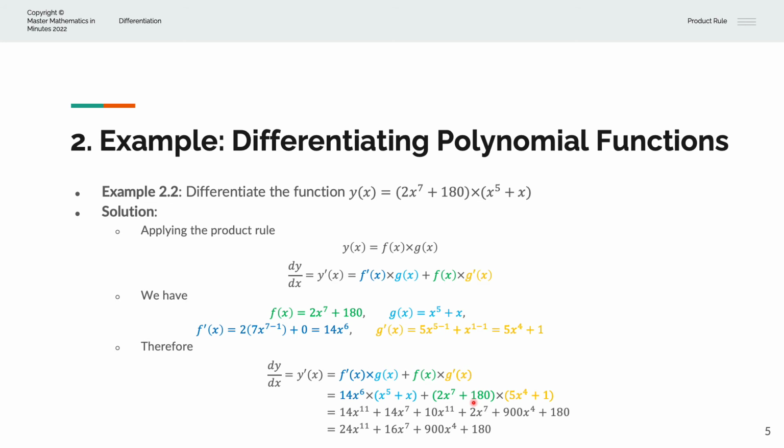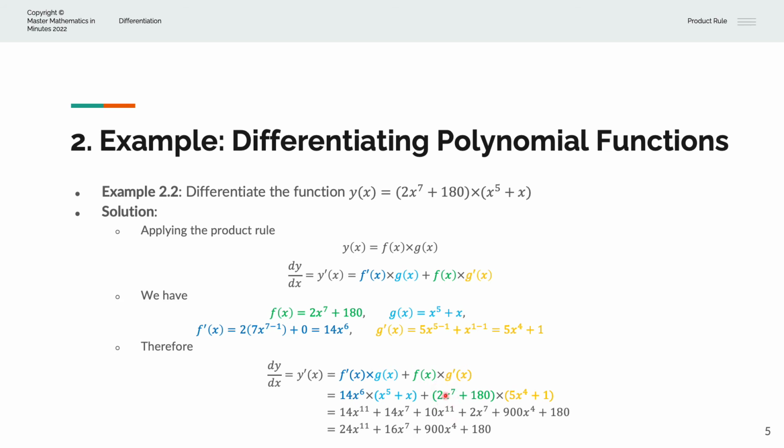Now, we'll then simplify. We'll expand the first brackets with 14 times x to the power of 6 times x to the power of 5. That simplifies to 14 times x to the power of 11. 14 times x to the power of 6 into x gives 14 times x to the power of 7. And again, expanding the brackets at the back with 2 x to the power of 7 times 5 x to the power of 4, that gives us 10 times x to the power of 11.